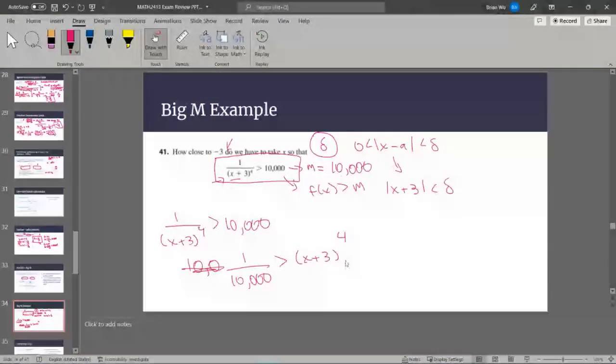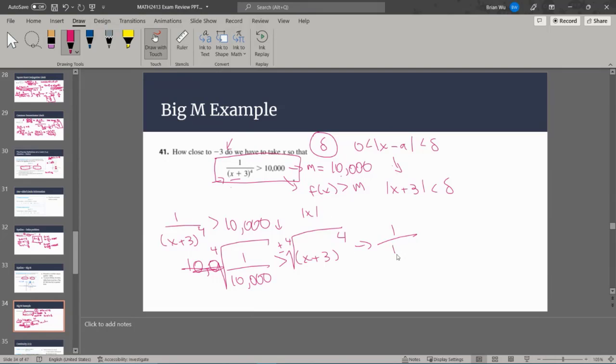And in order to get this x plus 3 by itself, we're going to take the fourth root on both sides. And as you remember, if we take any square root or any even root, we have to do a plus minus. But in this case, we can place an absolute value to mimic the plus and minus, because it's pretty similar in the definition.